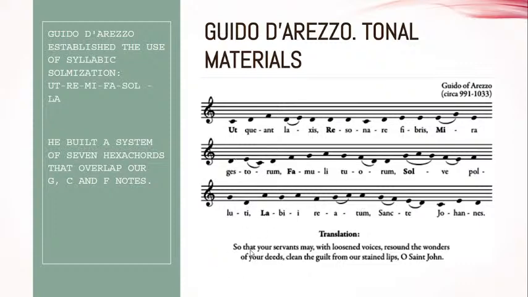The translation is: so that your servants may, with loosened voices, resound the wonders of your deeds, clean the guilt from our stained lips, O Saint John. Actually, Saint Johannes was the last note, B today, S-I, Sancte Iohannes, and that is where the note B comes from.